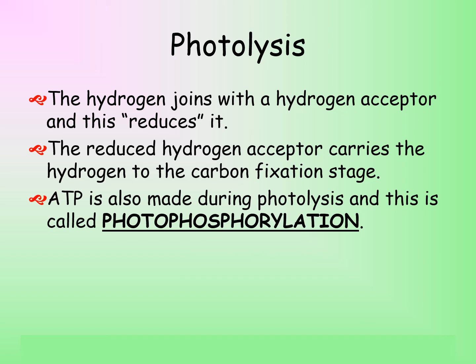That's a high energy molecule that can do work in your cells, and we use the light energy and we change that light energy to chemical energy in the form of ATP, because that's going to help us create the glucose. That's going to help us provide the energy to create the glucose.